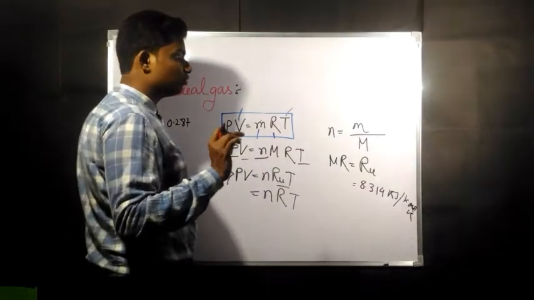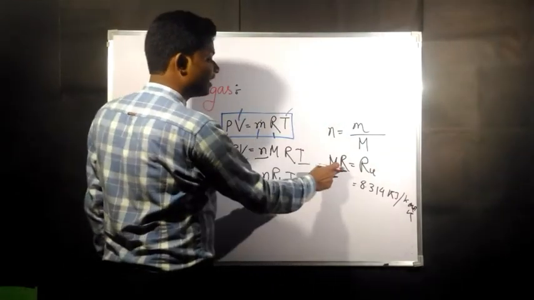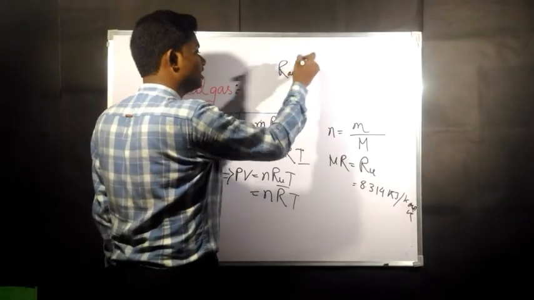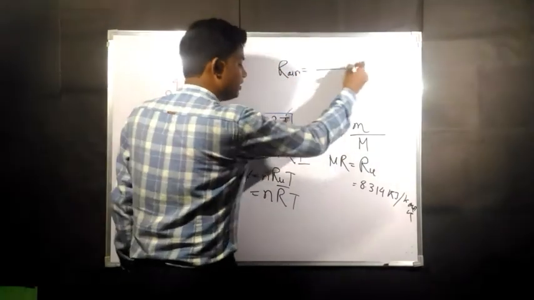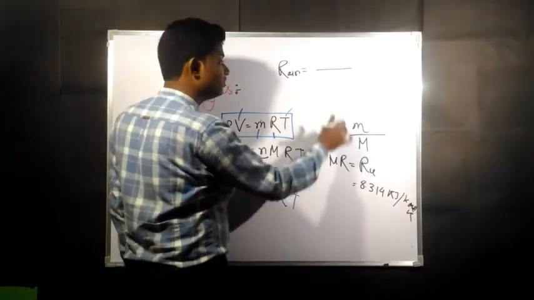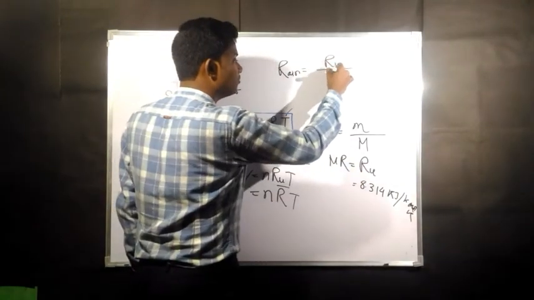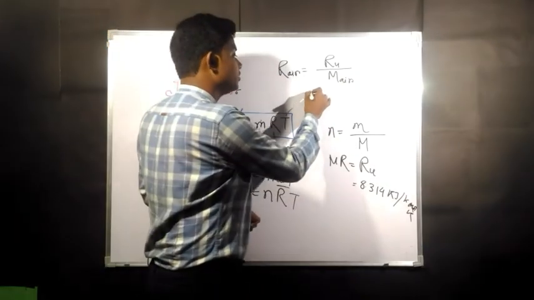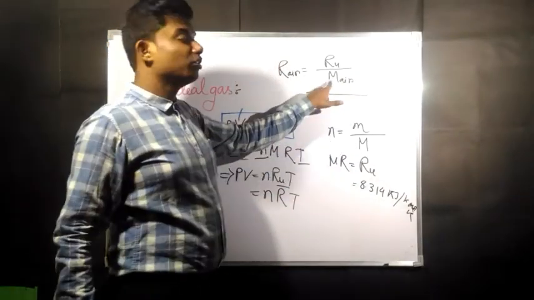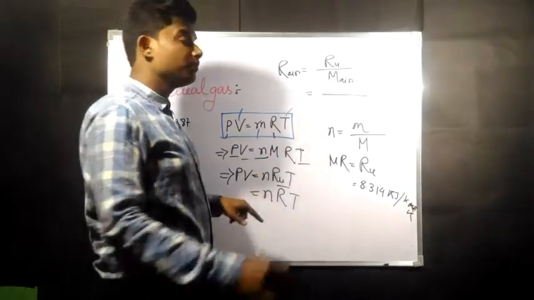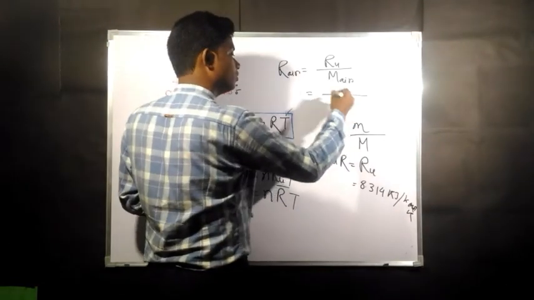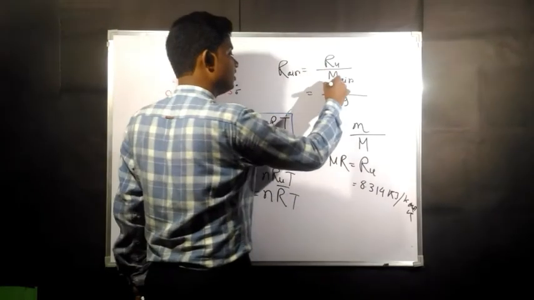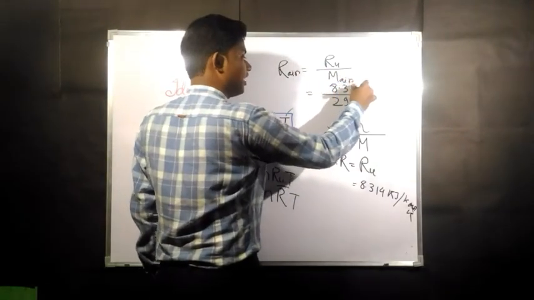Now suppose I need to find R of air, the characteristic gas constant of air. If we consider this equation, then we can easily write it as Ru by M of air. The molecular weight of air is going to be 29 always, and we have 8.314 as the Ru value.